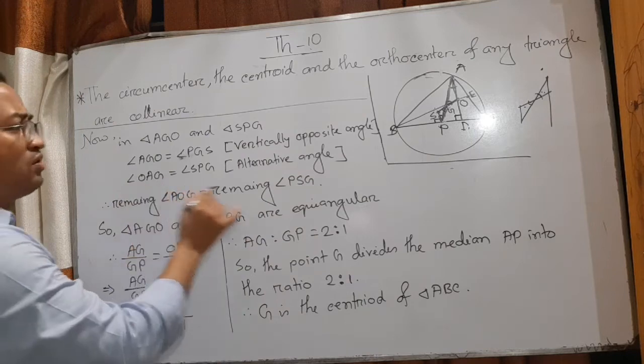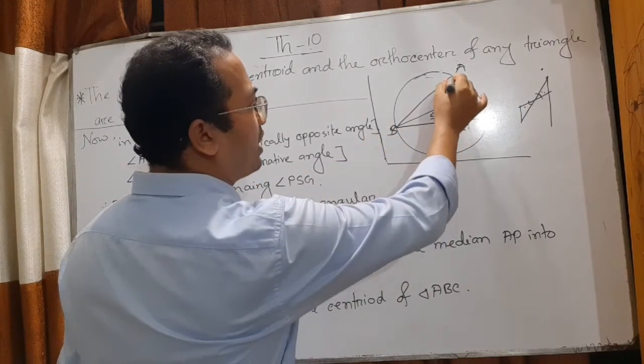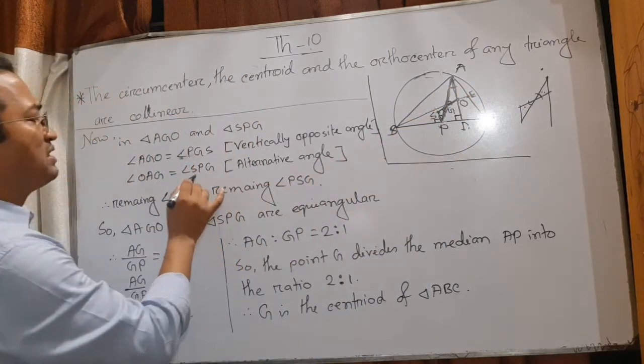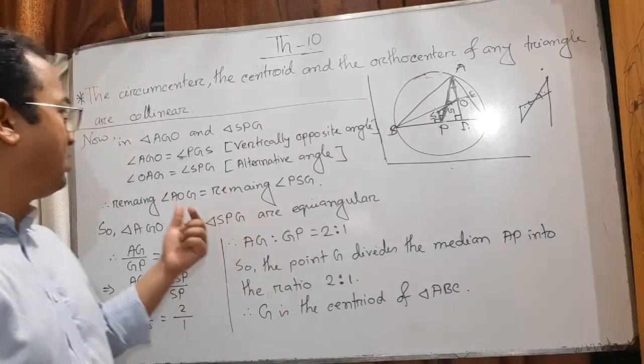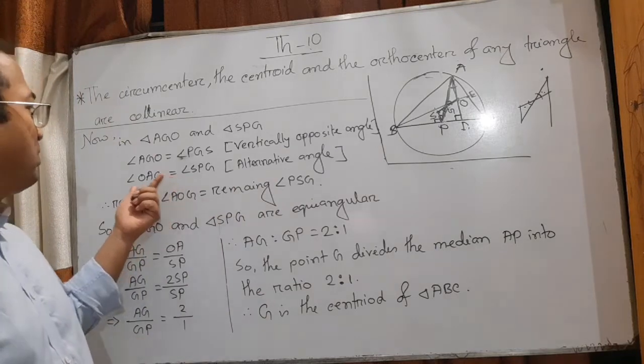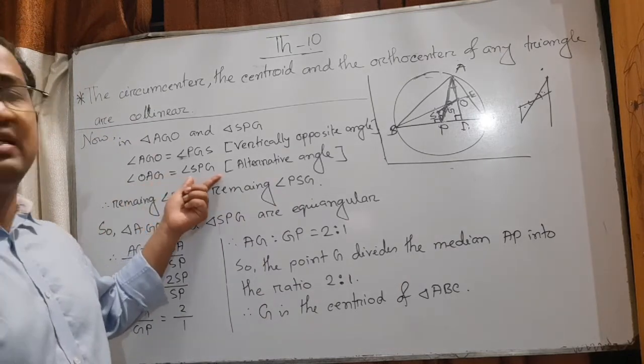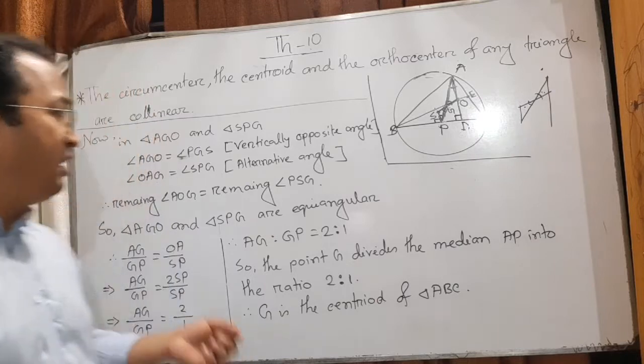And OAG is equal to SPG. Just earlier we have proved that OAG equals SPG because these are alternate angles.